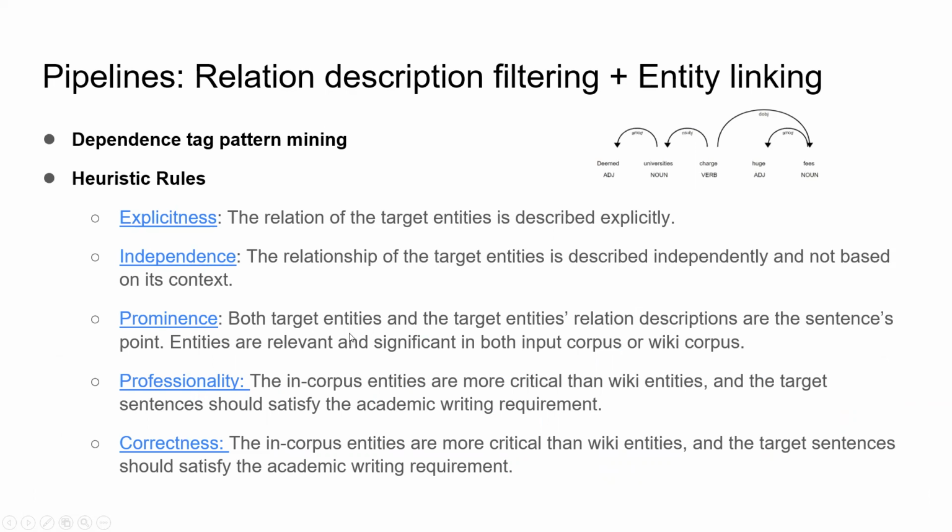For example, let's say we want to satisfy the independence requirement: the relation of the target entity is described independently and not based on its context. We collect common transitional expressions, like conjunctive adverbs, to form a dictionary to filter the sentences, and only keep the conjunctive adverbs which show the relationship in space and time.